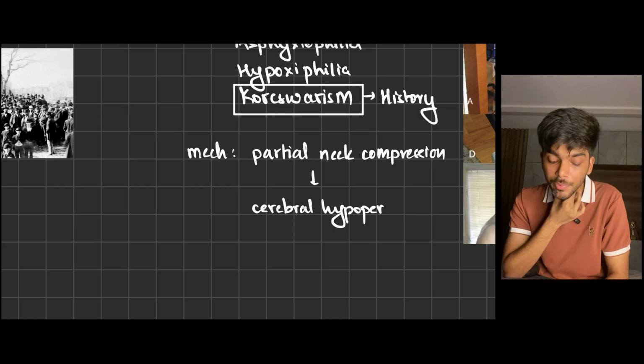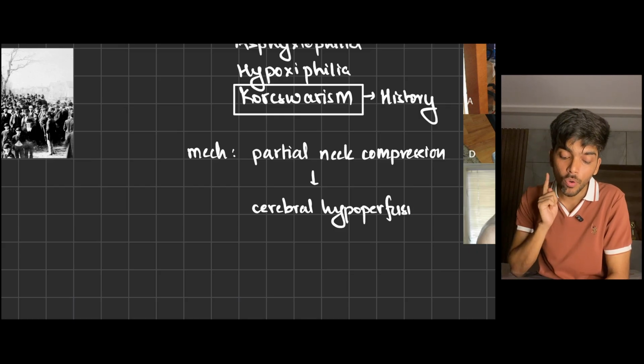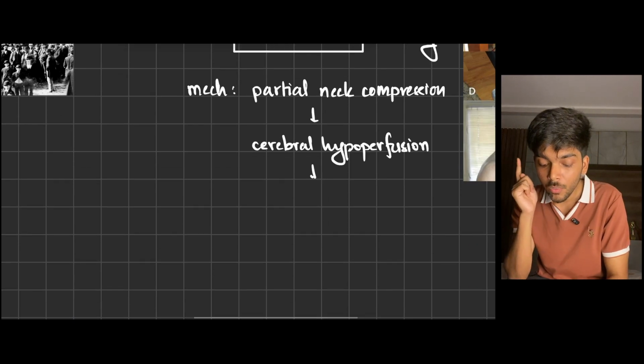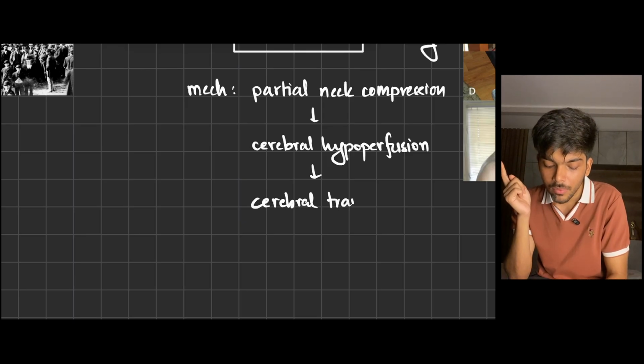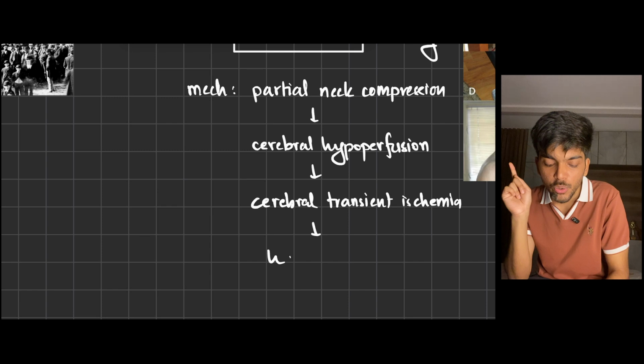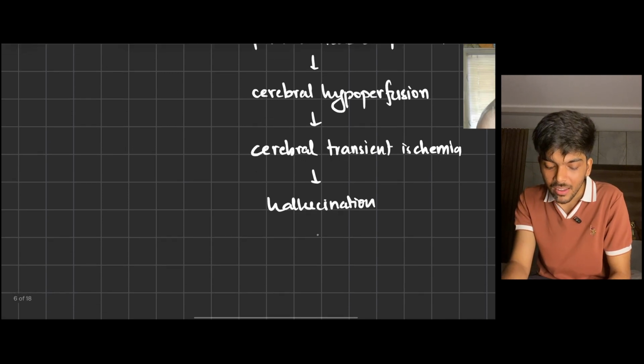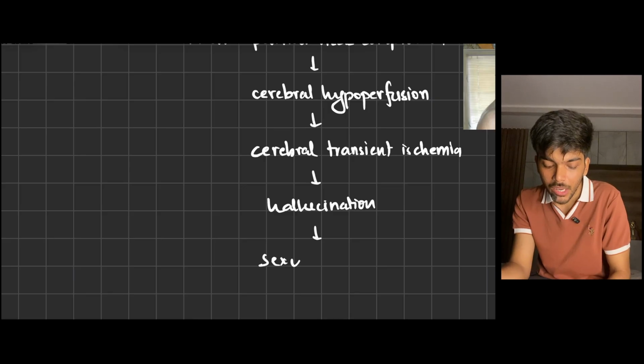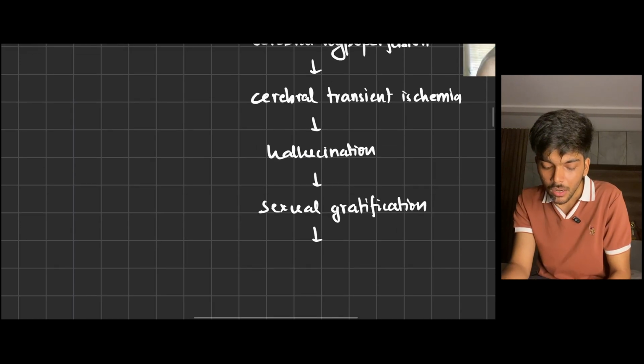Because the carotid has been obstructed, so there is less flow of blood to the brain, which leads to cerebral transient ischemia, temporary ischemia, and this transient ischemia provides hallucinations, and hence sexual gratification. And after receiving sexual gratification, the person then loosens the ligature.